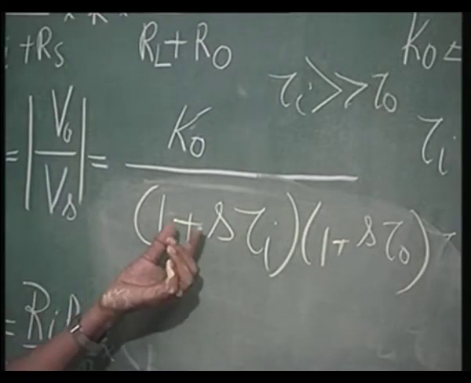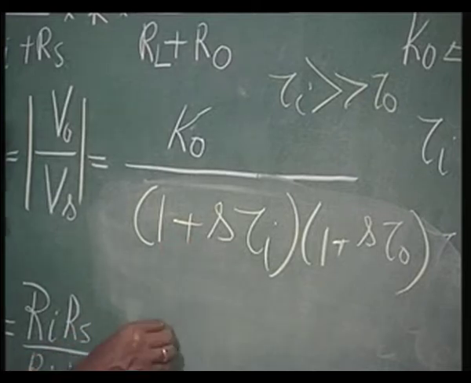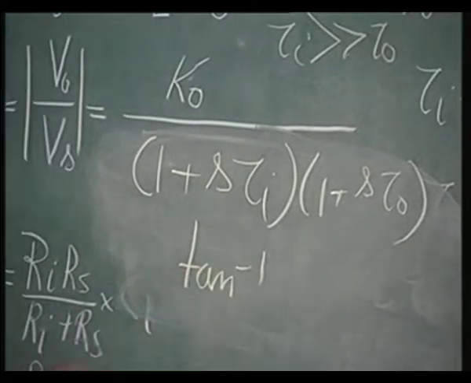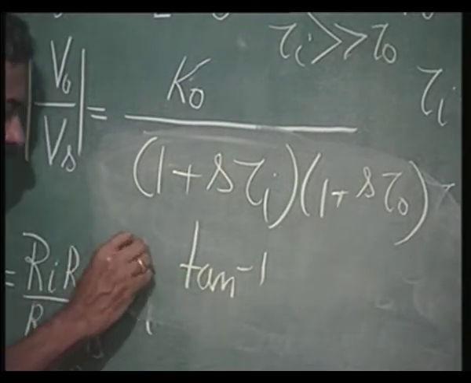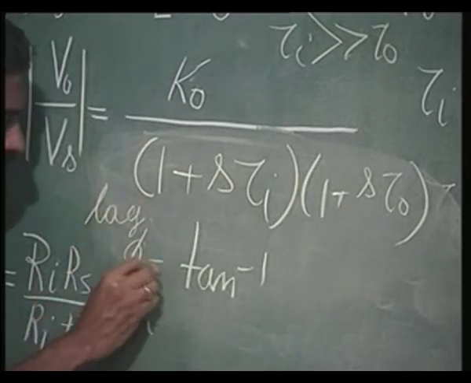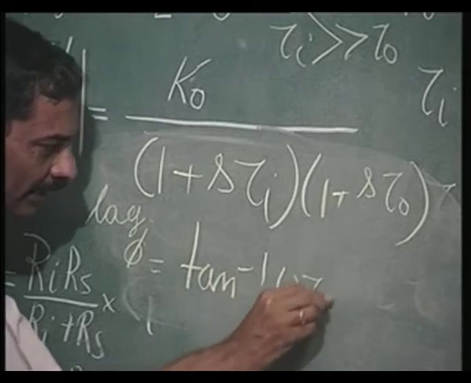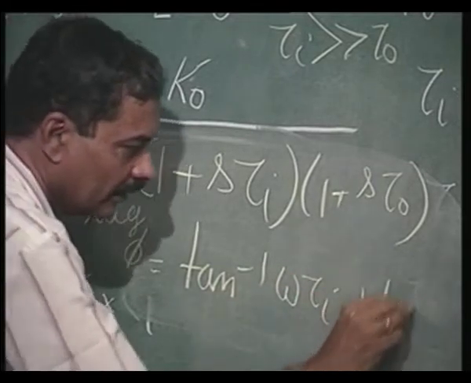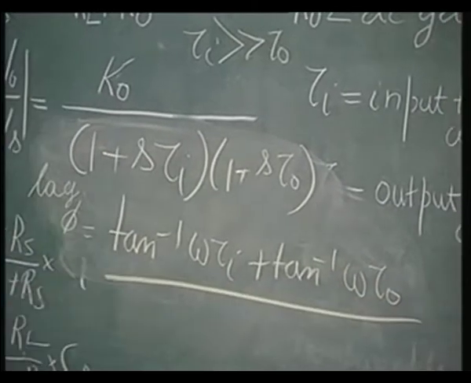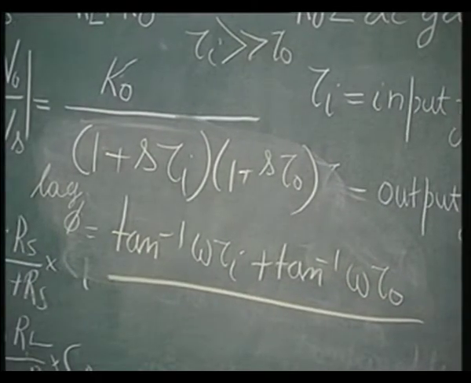As frequency increases, the phase lag occurs because both are in the denominator. So, the phase is tan inverse, that is phi, phase lag, tan inverse omega tau I plus tan inverse omega tau naught. That is the phase lag associated with this transfer function.